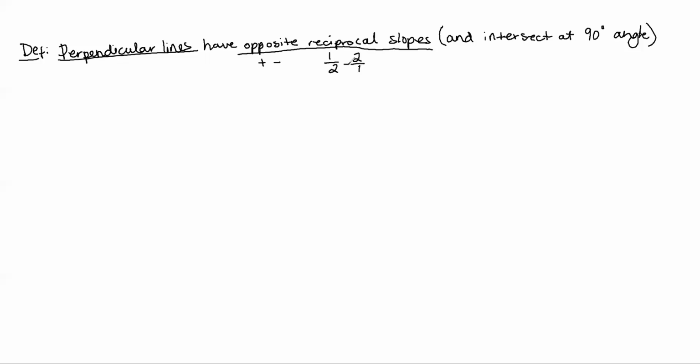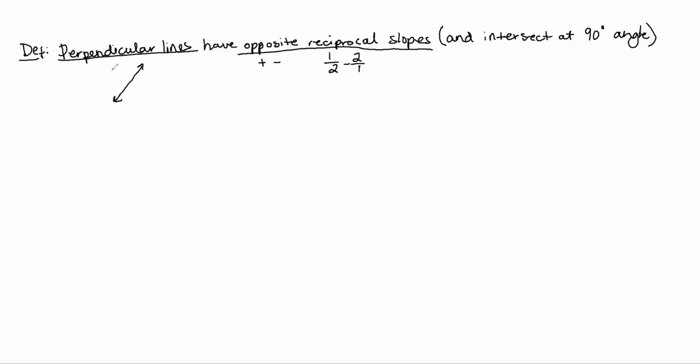So let's go ahead and just draw out what perpendicular lines look like. The axes, the x and y axes, are actually perpendicular lines. They intersect at a 90-degree angle. And because they're perpendicular lines, let me draw this a little bit better so you can see what I'm talking about with the slopes.